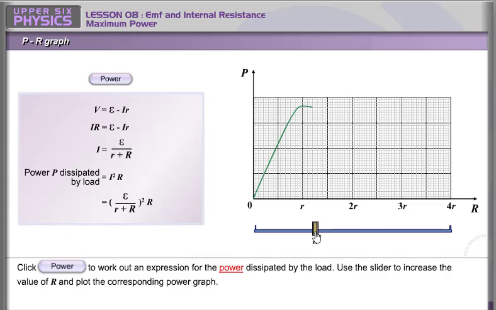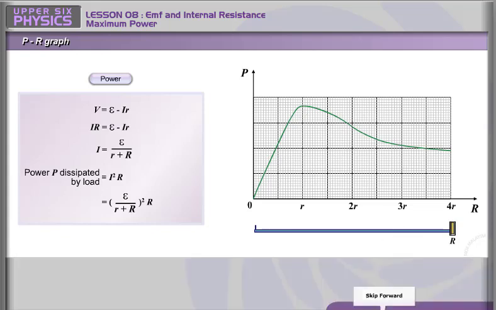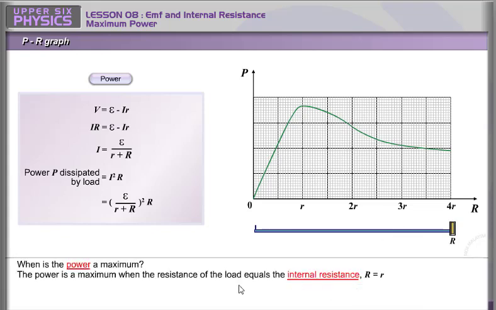After that, the power comes down as you increase your R. You won't get a maximum again. So the maximum is here, where you get the maximum power dissipated. We can get this graph based on this equation.